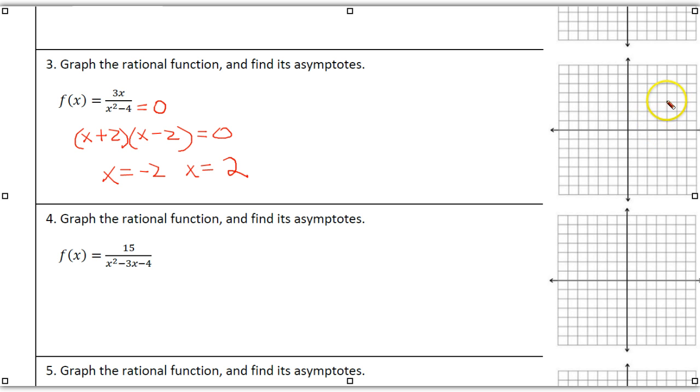So as we look at this on the graph, it's going to be a straight line that comes down like so, and then it swings over, comes down on this side here, and it's kind of connected in the middle there. There's our asymptote. And then the graph looks a little bit like this.